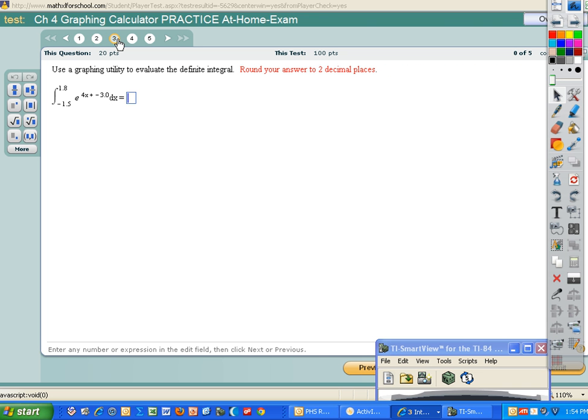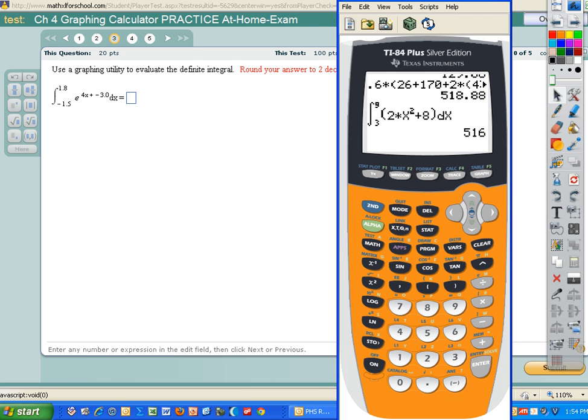Let's do this one. All we're doing for this is E, just a natural number, is math 9. And we're going from negative 1.5 to positive 1.8. And then the function is e to the 4x minus 3, right? So e is right there.